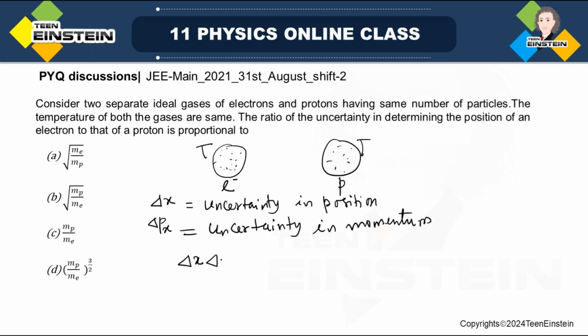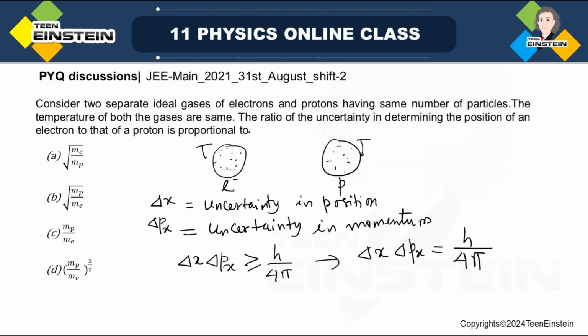So for that, there is a product called uncertainty product, and that is delta x into delta p, that is always greater or equal to h cross by 2, or h cross means h by 2 pi, so I can write h by 4 pi over here. So for the sake of calculation, we take this as equal sign, delta x delta px is equal to h by 4 pi. So this is the uncertainty product.